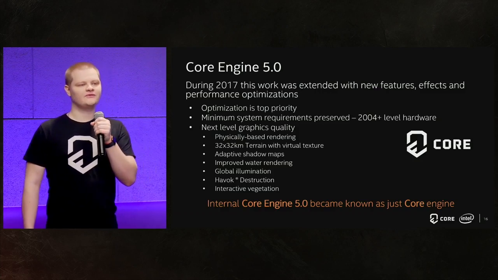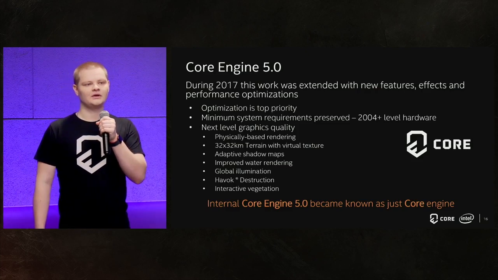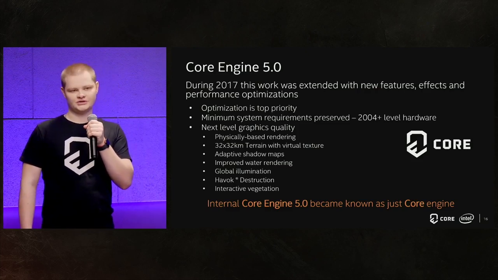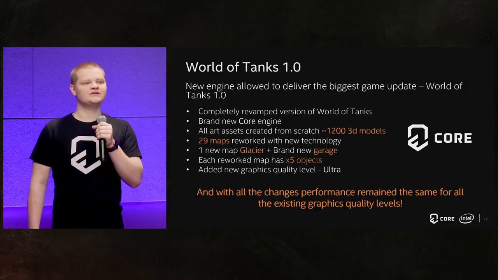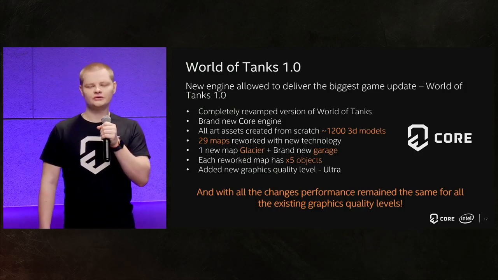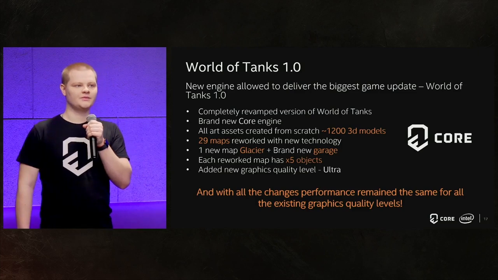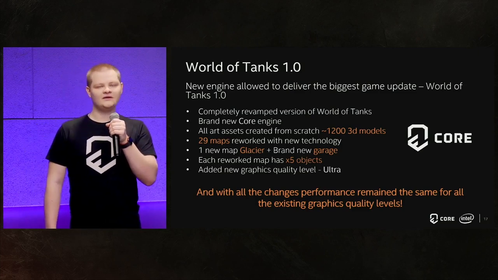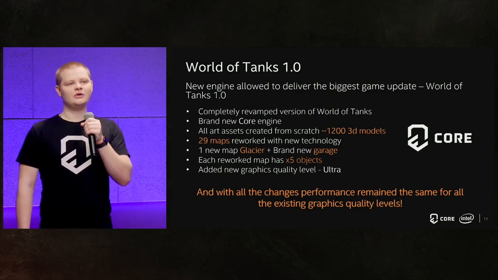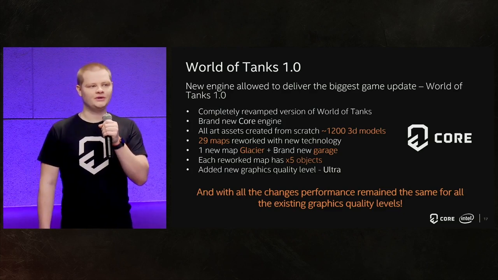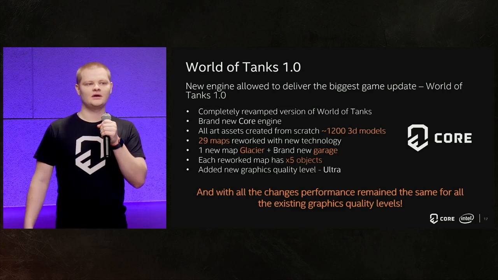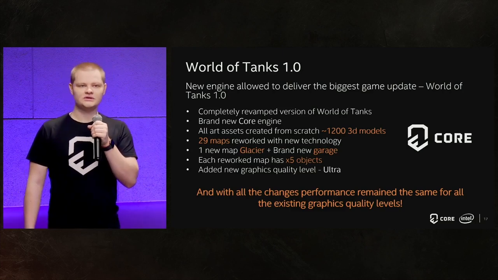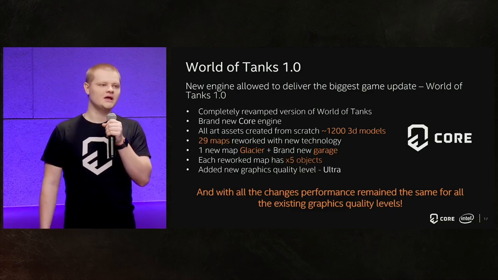Internal CoreEngine 5.0 became known to the public as just CoreEngine. CoreEngine was released as a part of the biggest ever World of Tanks update, 1.0. To get the full benefits of the new engine, all game art content had to be created from scratch. It's more than 1,000 models and objects in the game.